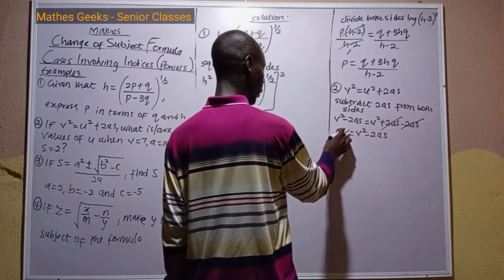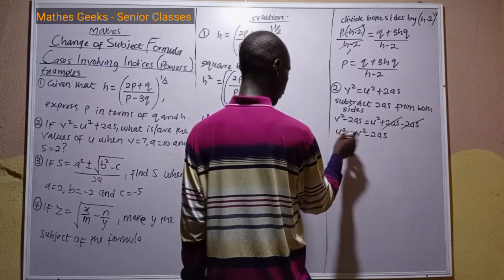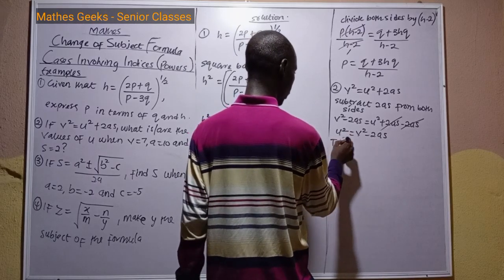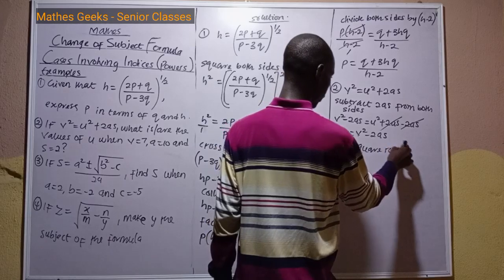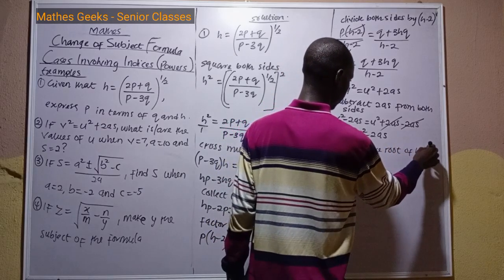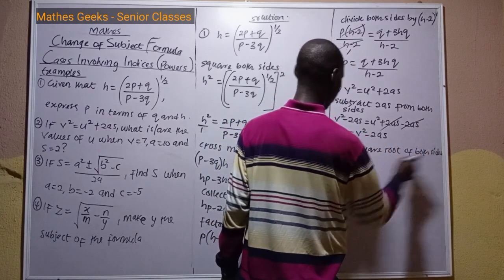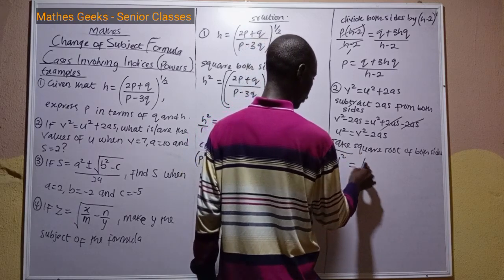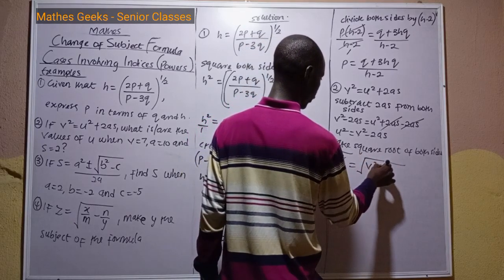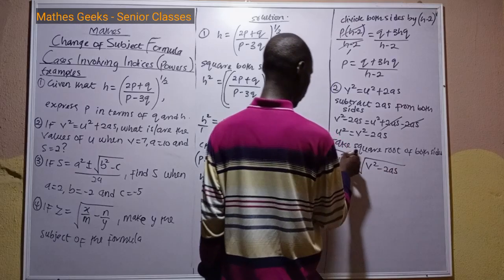Now since this is raised to power 2, we need to eliminate it. We're going to take the square root of both sides. So u squared equals v squared minus 2as.